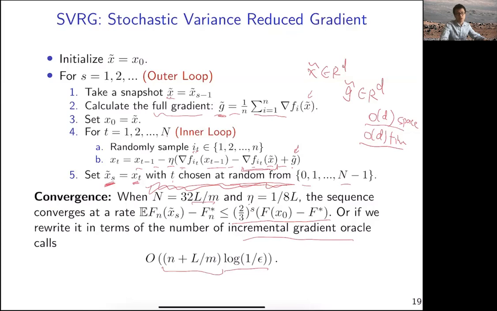In particular, if you assume that the objective function, the sum of fi, obeys strong convexity, then you are able to use this algorithm and get essentially linear convergence while spending only on the order of one stochastic gradient evaluation in every iteration. Okay, so that's pretty great.